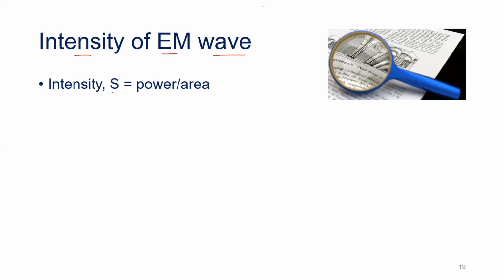Intensity is denoted by S, and it is equal to the total power per unit area. So power divided by area. Imagine you have the sun radiating energy, and we have the earth, and that radiation comes to the earth. On a sunny day, when we go out, we can feel the warmth.